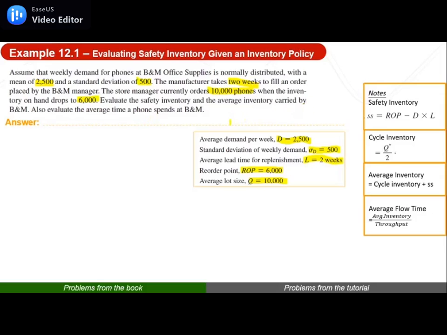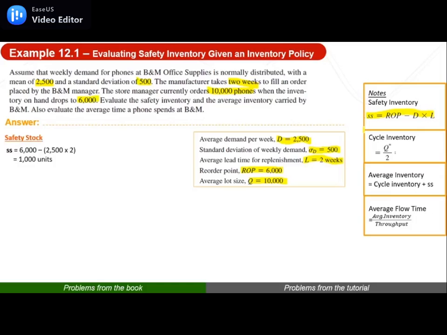First, the safety inventory. The formula is ROP minus D times L. Safety inventory is needed because the demand is uncertain, so there is a probability that the actual demand might exceed our forecast. That's why we need safety inventory, so we don't have a stockout.